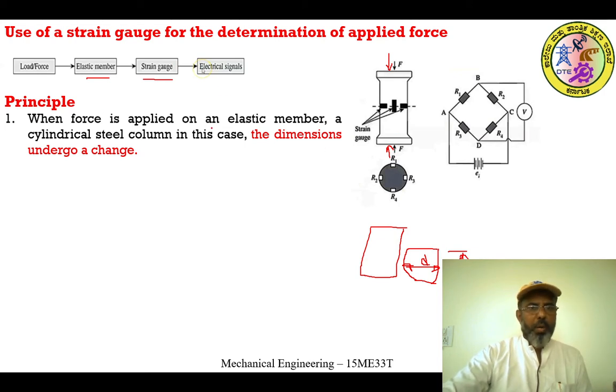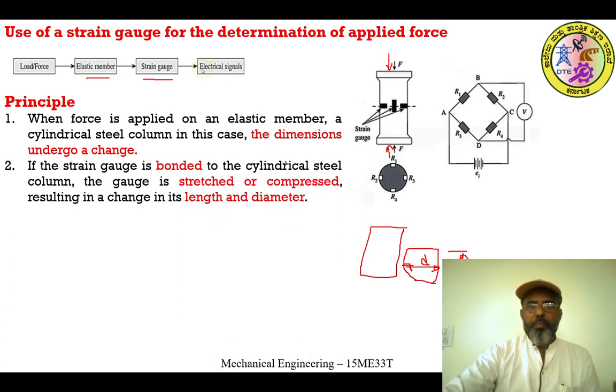When we apply a load on the elastic member, here the compressive force, the dimensions undergo a change, that is, decrease in length and increase in diameter. Now, suppose we attach 4 different strain gauges to this cylindrical column.